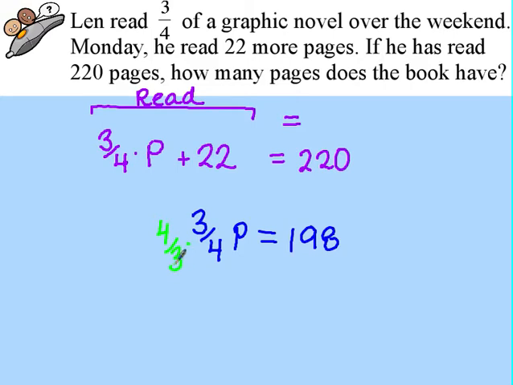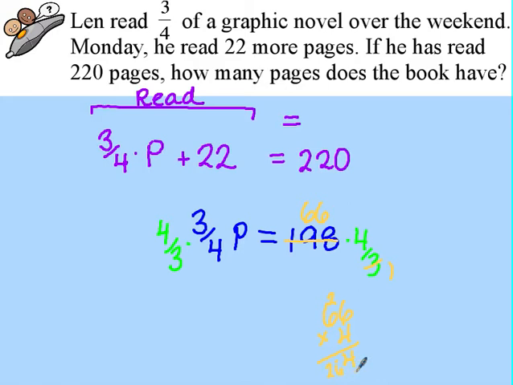Biggest thing here, if you end up getting a decimal, you better go back and check your work, because you can't have a decimal for the number of pages. That's one of those things that tells you you've done something wrong. So if I take 198 times 4/3, 3 goes into 198 66 times, and so really you have 66 times 4, which comes out to be 264 pages.